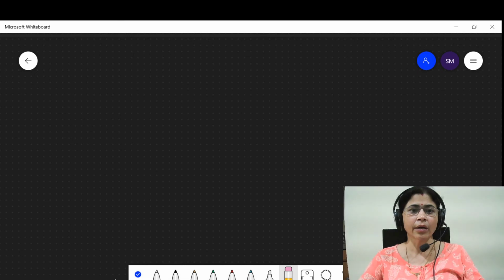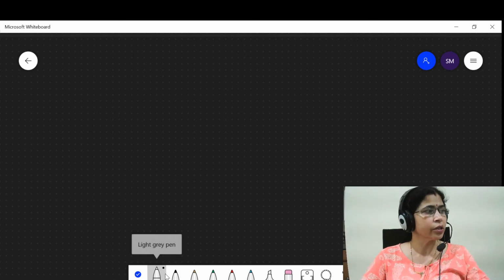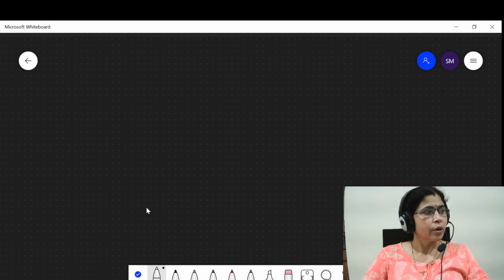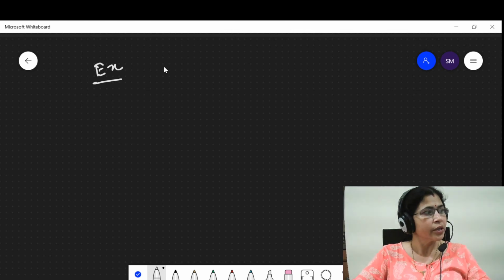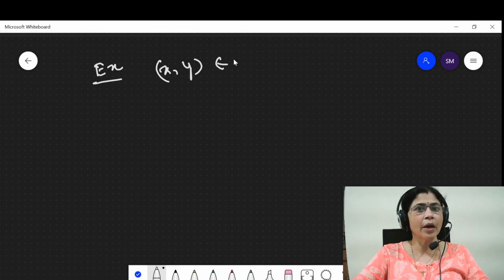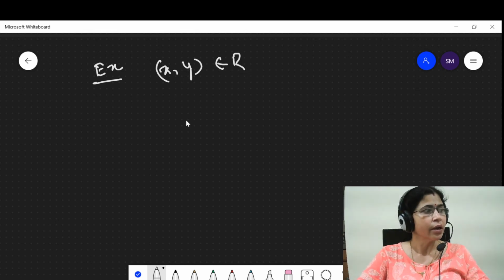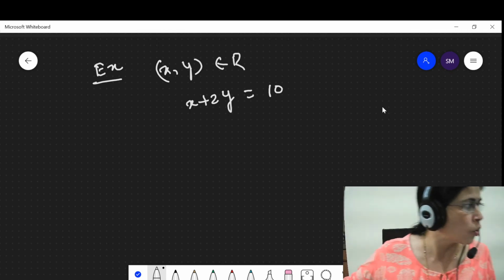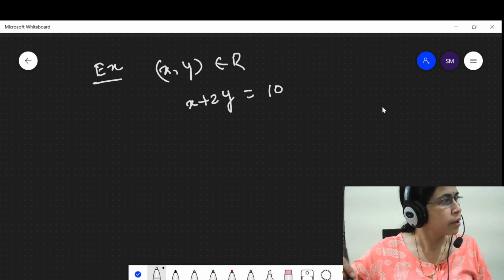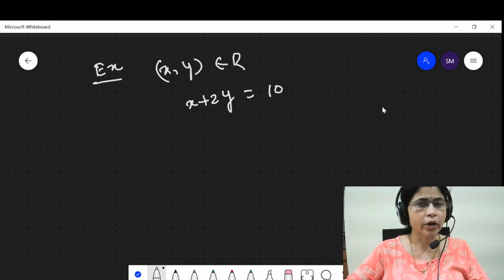Now let us discuss some more examples. Here is another example. Suppose (x, y) belongs to R is a relation such that x plus 2y is equal to 10.